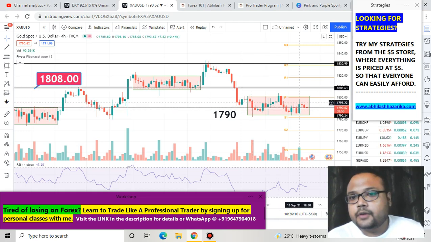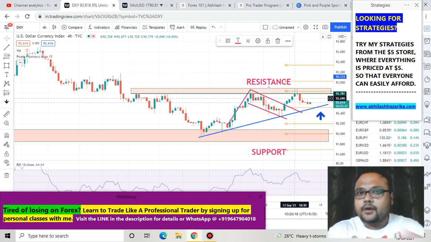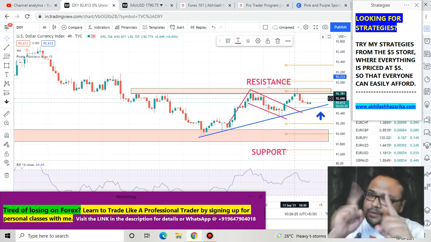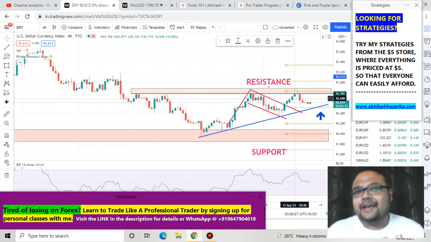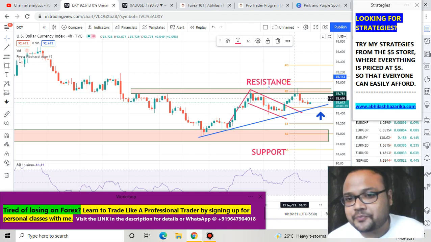When gold formed a green candle here, it was a time when US dollar failed to cross the resistance and formed a red candle here. Now you're getting the point of why I always discuss the chart of DXY here. So this is the correlation. Whenever US dollar goes up, gold goes down, and when dollar goes down, gold goes up.